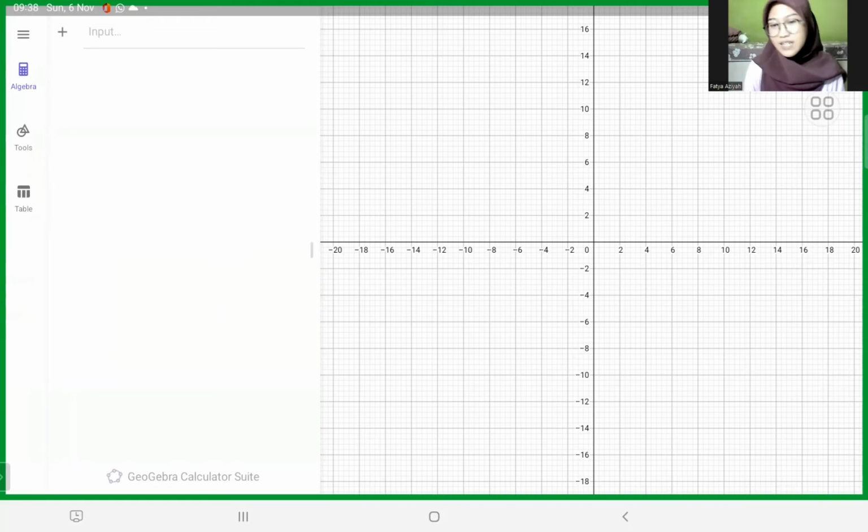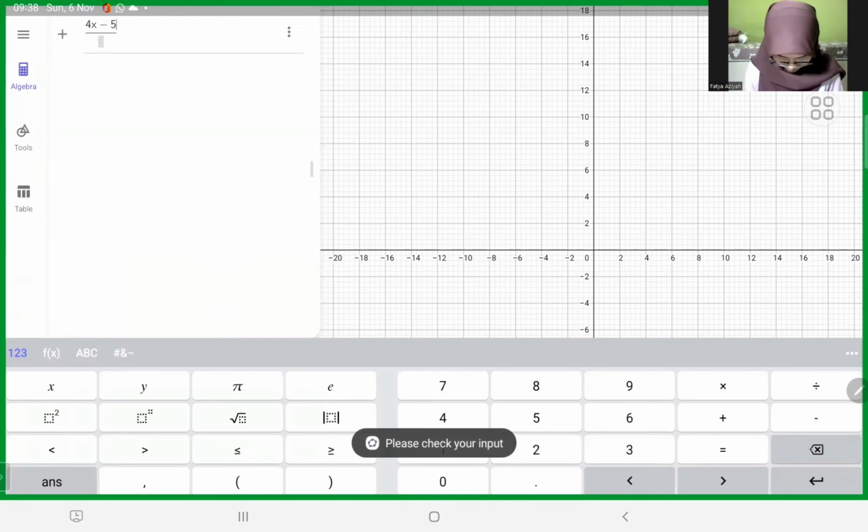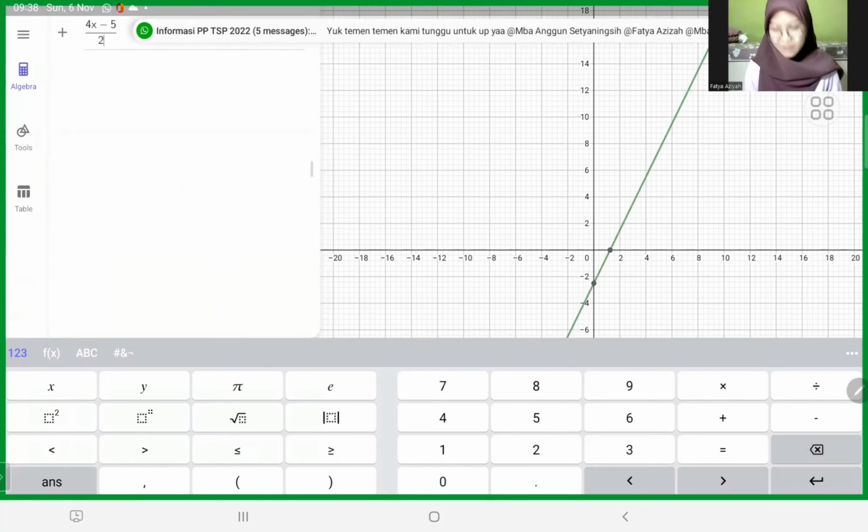All you have to do is input the function on this side: 4x minus 5, over 2. And voila, we have the graph.